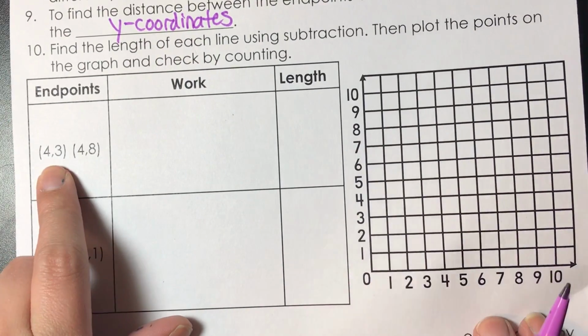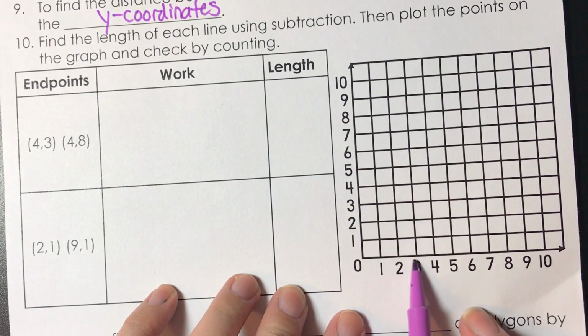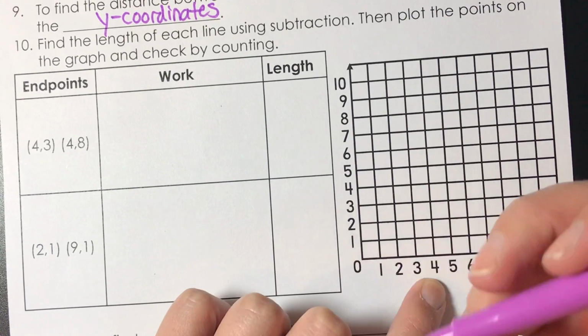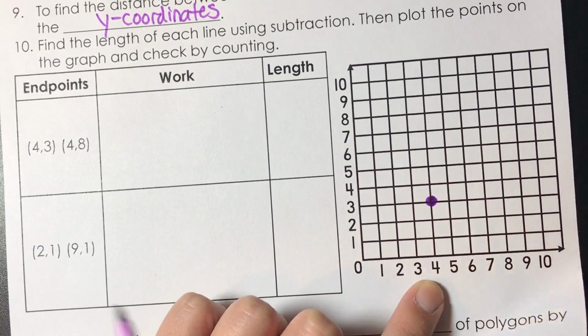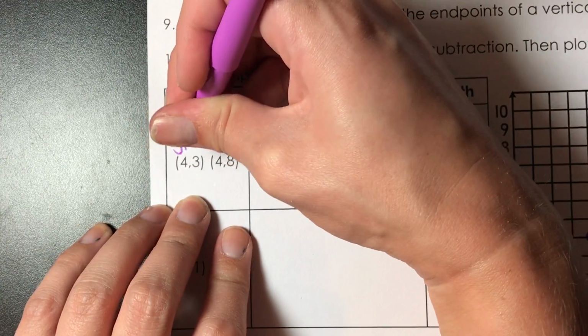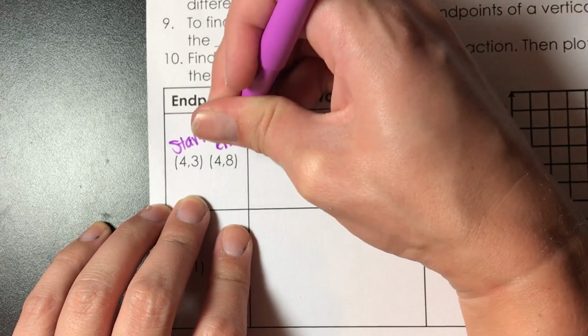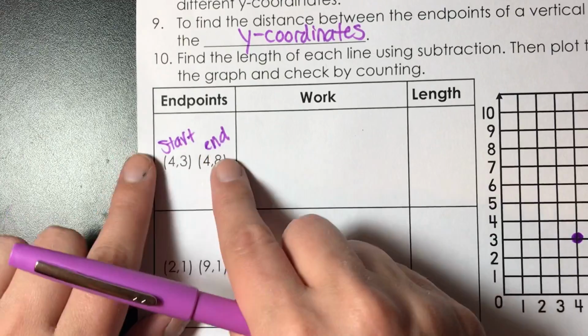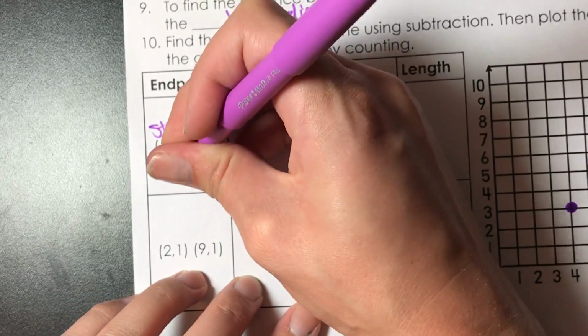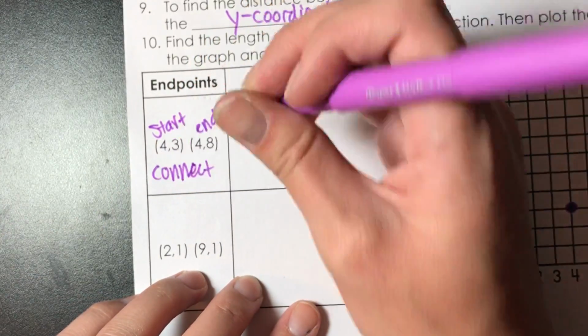So we have positive 4, positive 3. Got to find my elevator, 4, and then I'm going to go up, 1, 2, 3. And then the other endpoint, so this is where you're going to write this down, where you start and where you end. You're going to draw a line and connect these two.